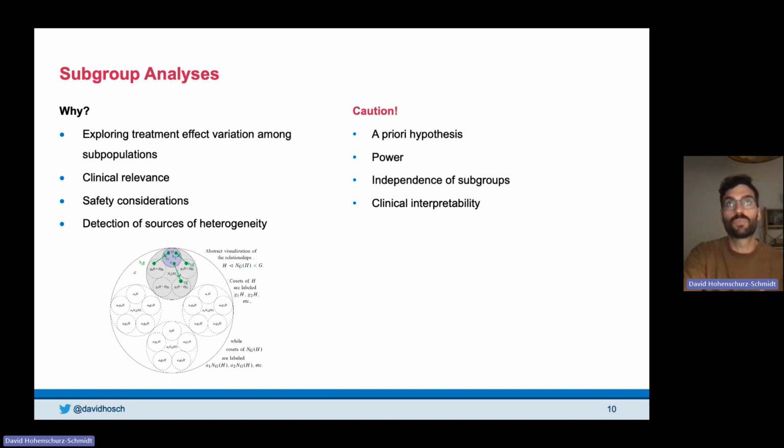And if you then apply the same principle to subgroups, you've got the same situation here. And again, we need to know, was that something that was planned, or did people explore this and run multiple subgroup analyses, use multiple covariates to split the sample, increasing the chance of finding something just by chance.